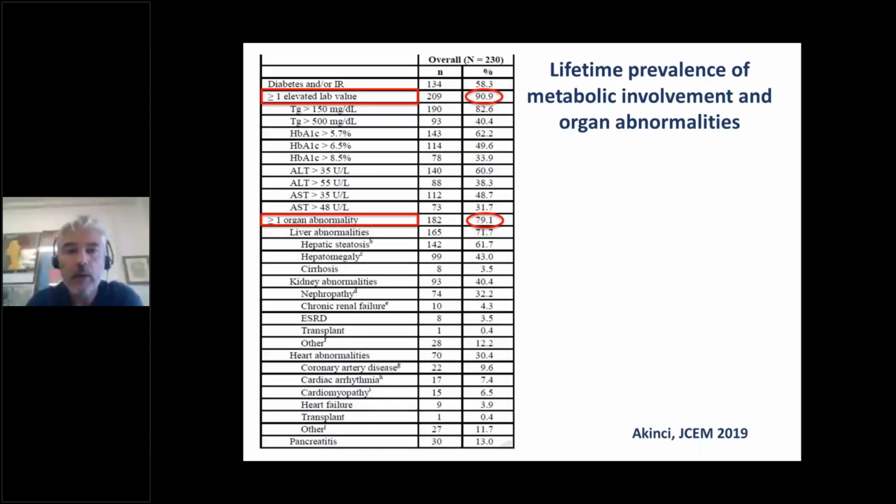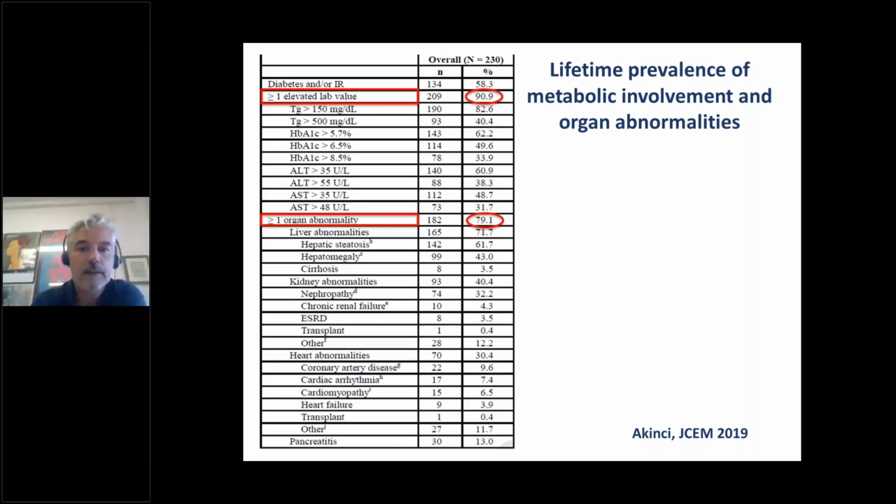This is a recent paper by Akinci and collaborators showing the characteristics of 230 patients affected by lipodystrophy. As you can see from this long table, 90% of the patients at the time of diagnosis had at least one elevated lab value, either triglycerides, glycosylated hemoglobin, or transaminases. And at diagnosis, 80% of them had at least one organ abnormality.